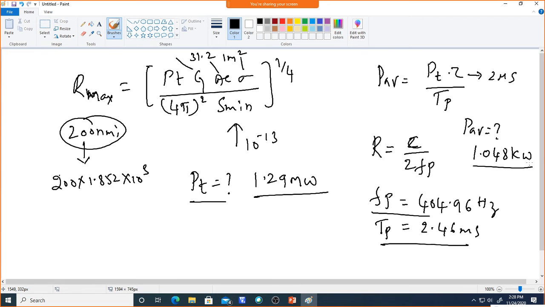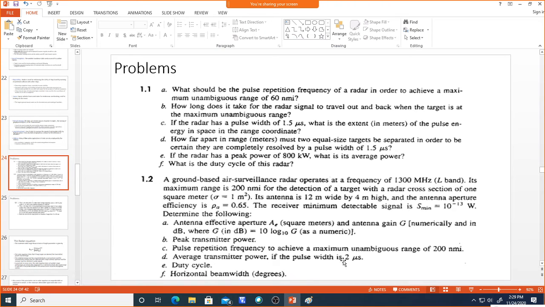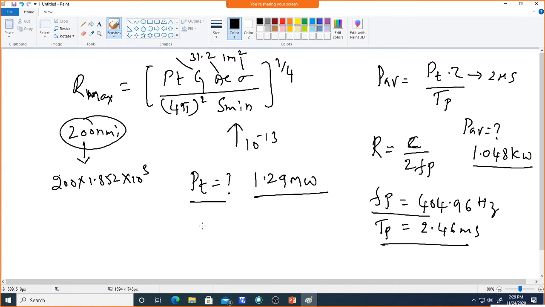The average power, okay, so this is the average power, and duty cycle tau by TP, so that you need to find out. So duty cycle, which is 2 microsecond divided by 2.46 millisecond.